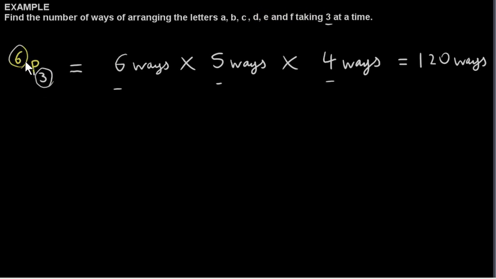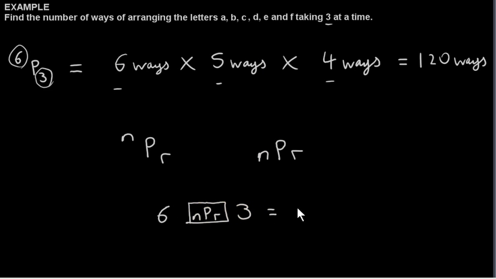So some calculators have a button. It may be denoted nPr on your calculator, or it might appear like this. So if you want to do this calculation on your calculator, you'd type 6, then you'd press the nPr button, and then you would press 3, and the answer will be 120.